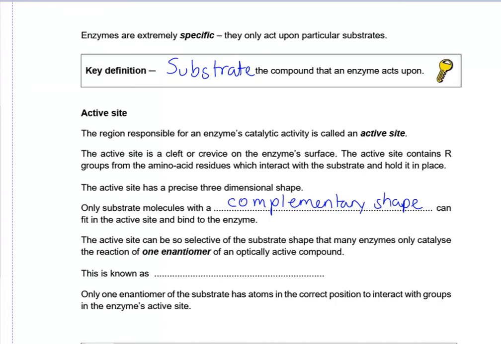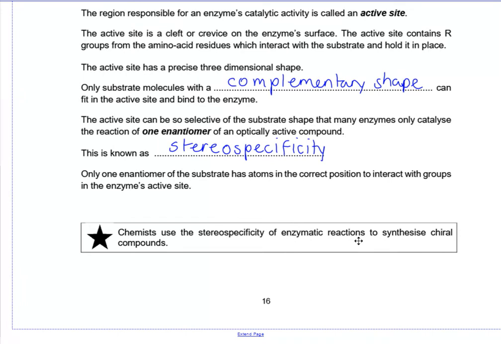This is known as stereospecificity, and it's extremely useful to chemists trying to synthesize chiral compounds. Stereospecificity occurs when only one enantiomer of a substrate has atoms in the correct position to interact with groups on the enzyme's active site.